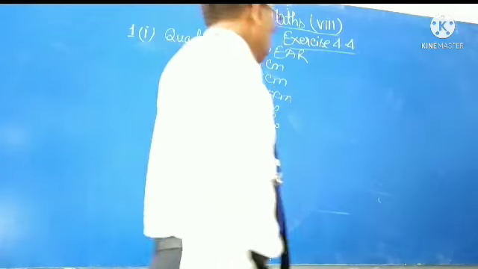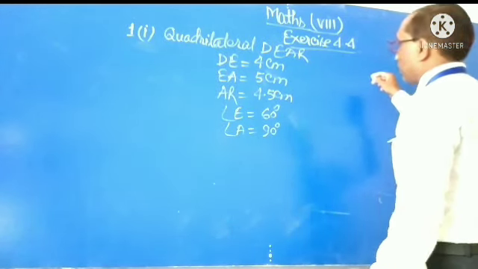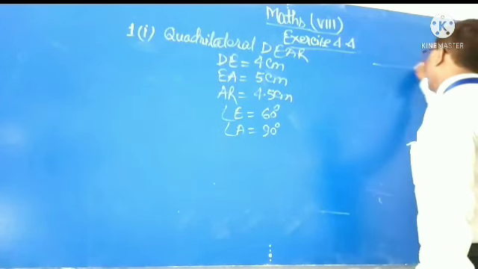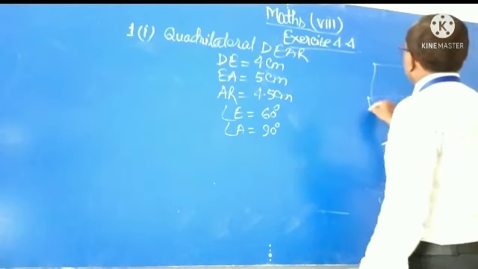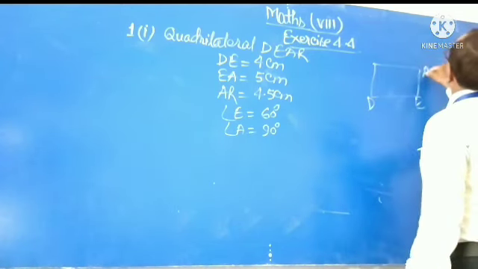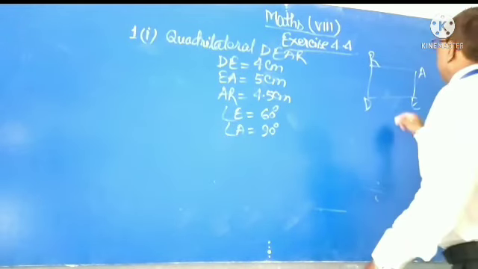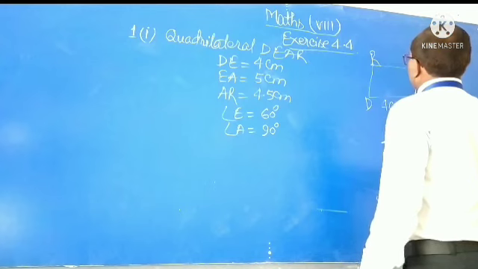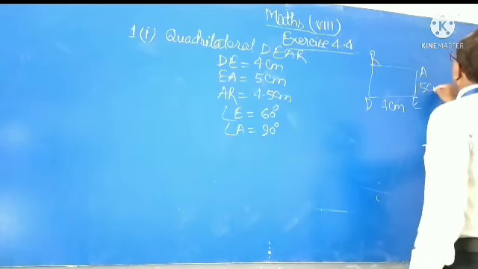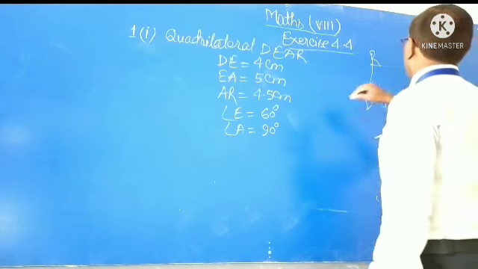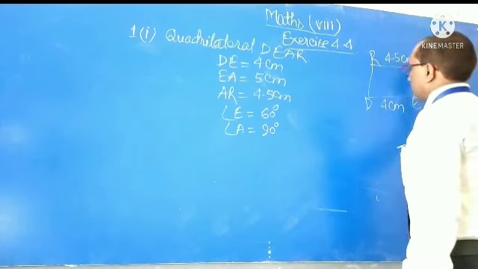First of all, you draw a rough sketch or rough diagram of quadrilateral DEAR like this. DE is equal to 4 centimeter, EA 5 centimeter and AR 4.5 centimeter.